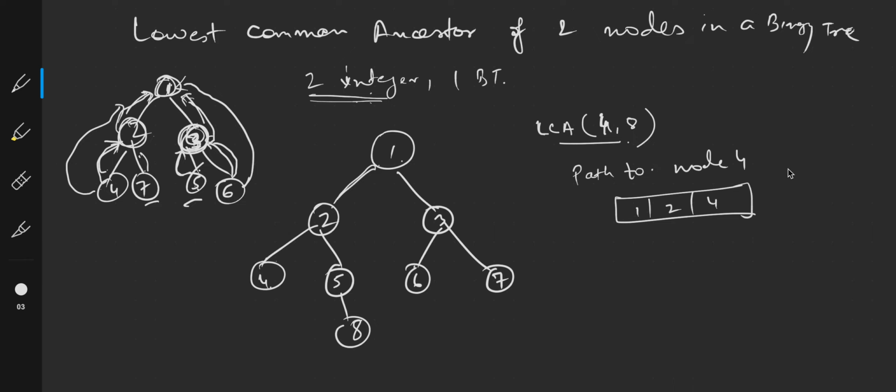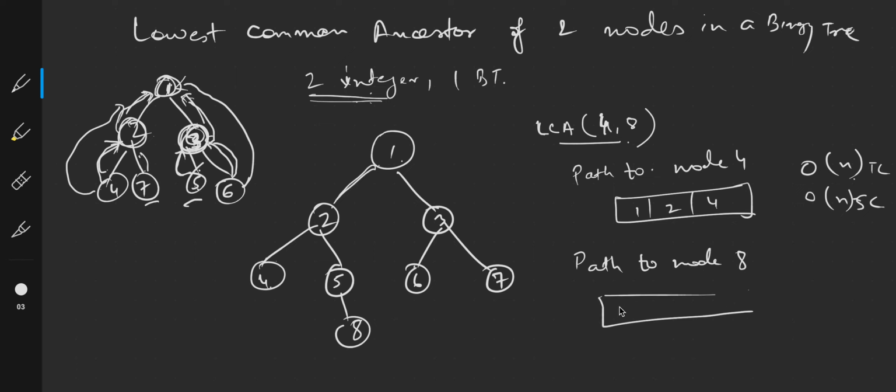We can find this in order n space complexity and order n time complexity. And then we can find the path to node 8. What is the path to node 8? 1, 2, 5, 8. And this also we can find in order n time complexity and order of n space complexity.